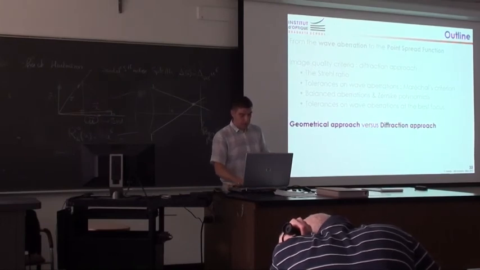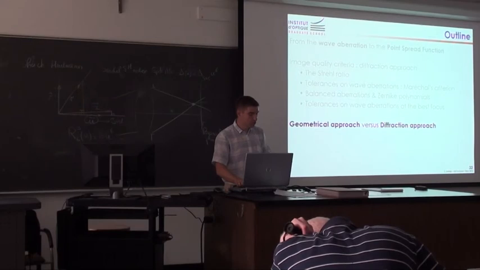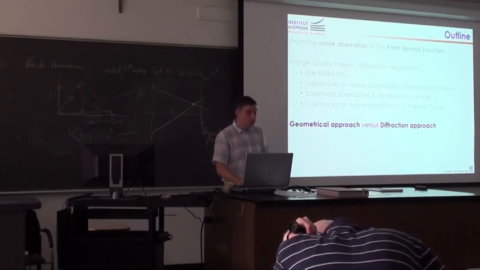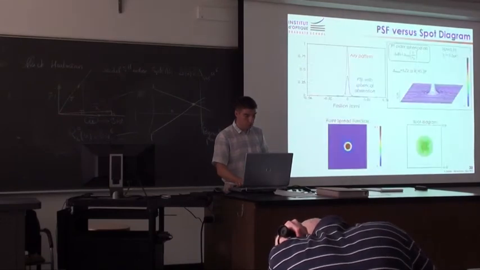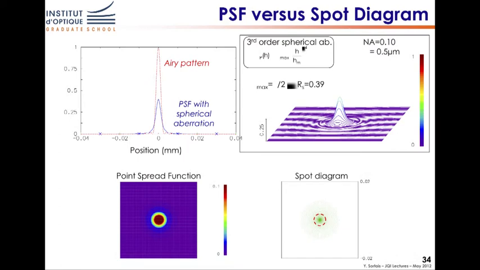So basically, I just want to show now a few pictures of what's going on if you have only a geometrical approach or if you have a diffraction approach. And I took on purpose examples where it's not easy to decide. Because if I take too much aberration, then you will answer, of course, the geometrical approach is appropriate.